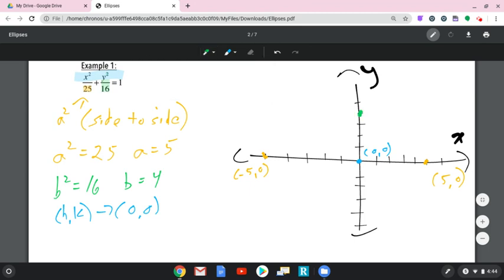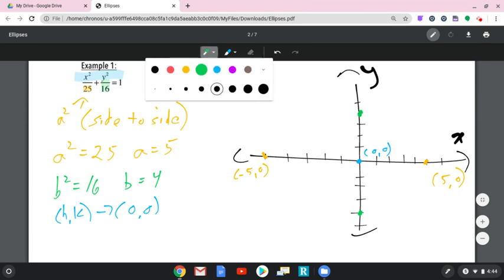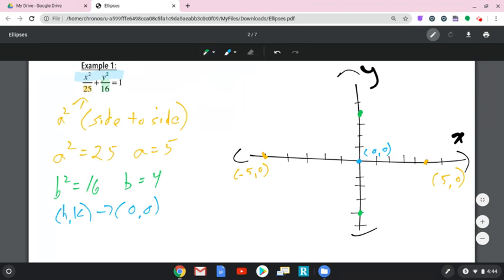And then I'd go down 4, 1, 2, 3, 4. So if I wrote that, I would know that this point here is H, comma, K plus B, which is 4. And down here would be H, comma, K minus B, which is negative 4 because K was 0. Now this here would be my ellipse.